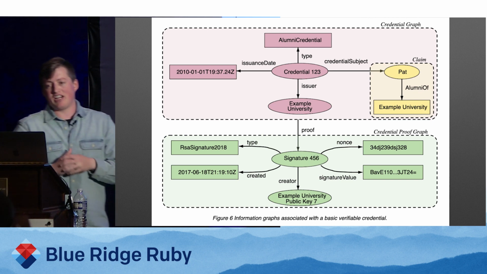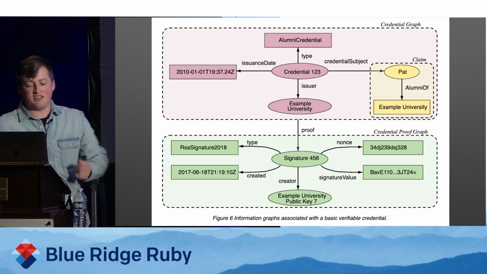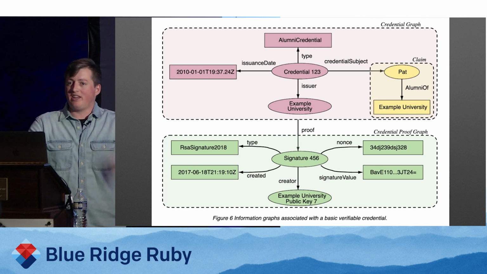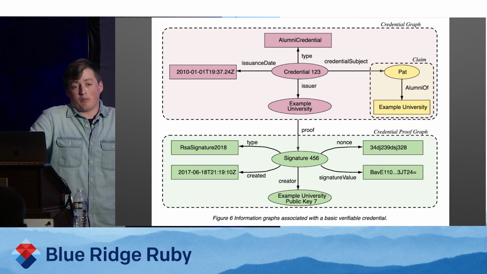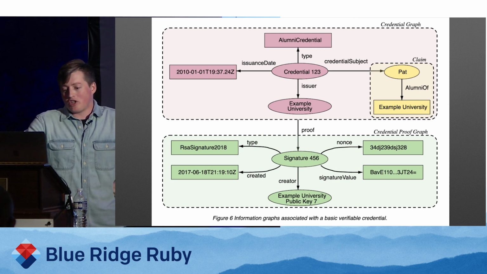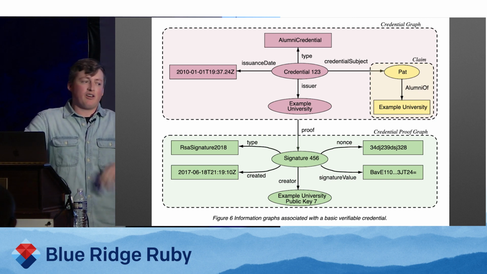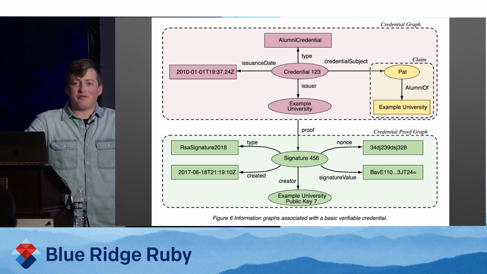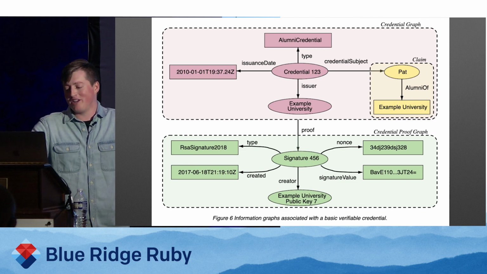And it's signed by their private key on their IT infrastructure, and their public key is freely available to check somewhere, probably on their website. And I can present that to an employer for a background check. And they don't have to reach out directly to the registrar's office every time they need to verify that I actually graduated from the university, or force me to pay them $20.